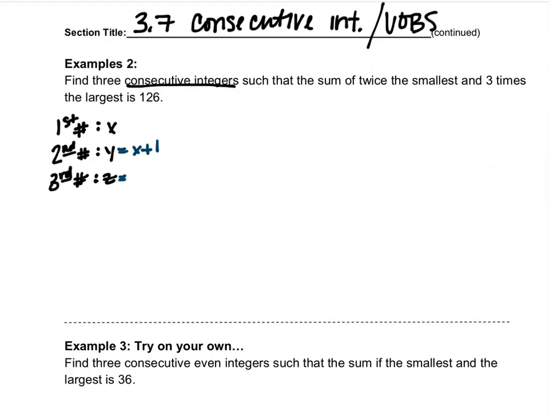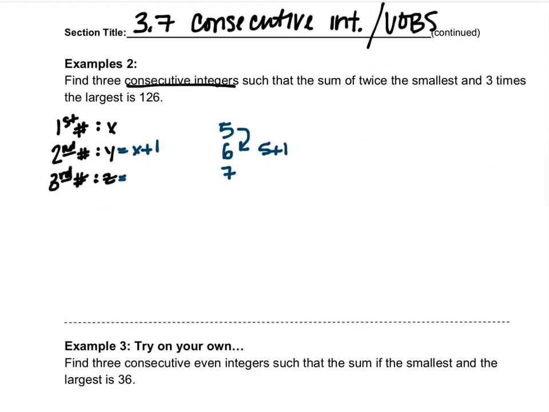I can always guess this: if I start with 5, the next integer would be 6, and the next integer after that would be 7. To get from 5 to 6, I can take 5 and add 1.